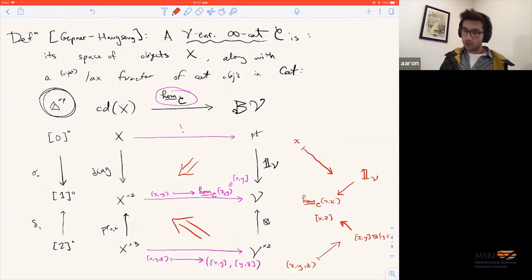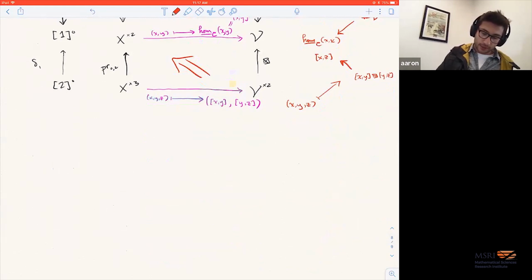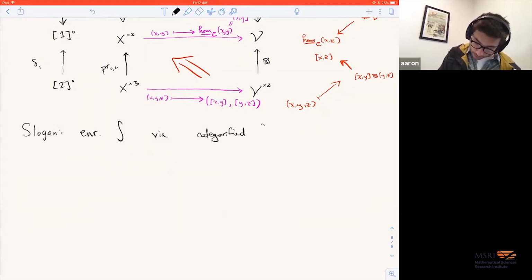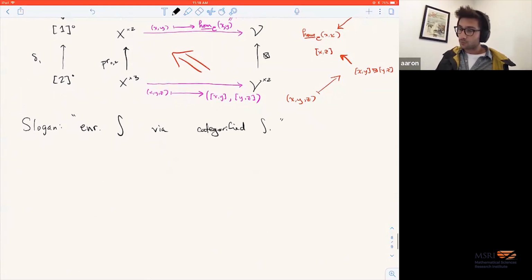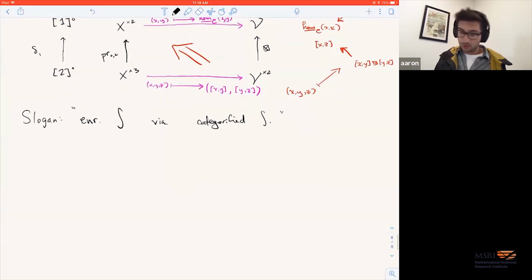Okay, so now I can describe for you enriched factorization homology. Let me first just say the slogan is enriched factorization homology via categorified factorization homology. So now is when I'll use that factorization homology beta Cartesian that I described a moment ago. So here's the definition.